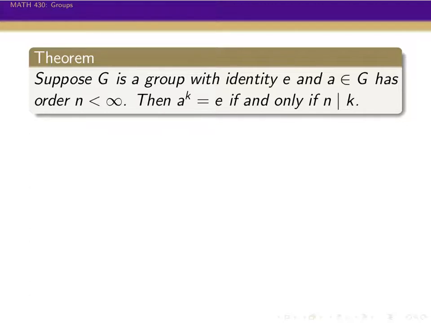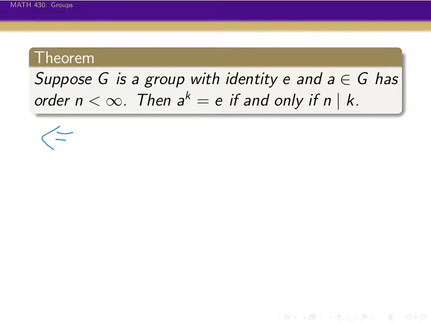Okay, so this isn't specifically about cyclic groups, but we're going to be using this to look at cyclic groups quite a bit. First, let's prove the other direction. Recall that the order n is the smallest natural number such that a to the n is equal to e.